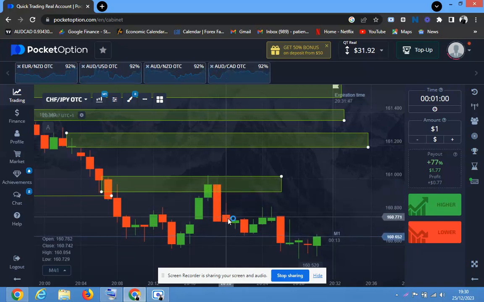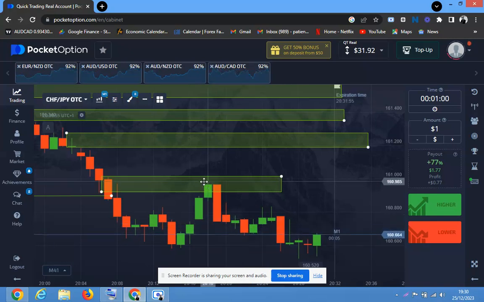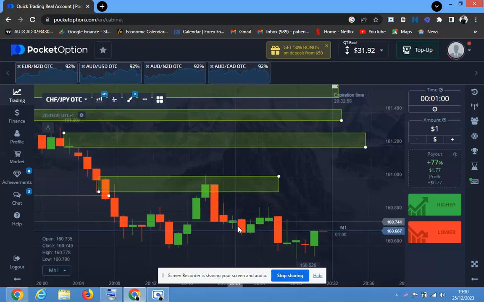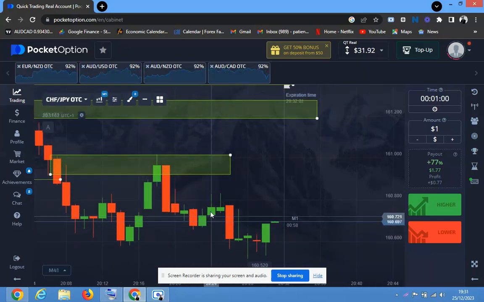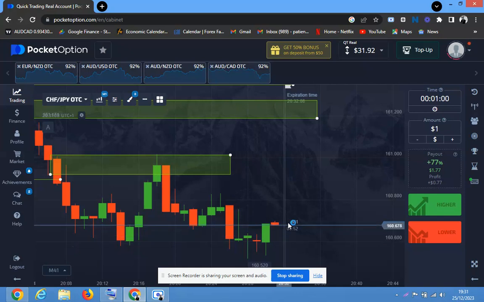So this is the first candle, second candle, third candle, fourth candle, fifth candle. You have already won the trade. Or if you are using the 10 minute expiry time, it's still the same. The first candle, second, third, fourth, fifth, sixth, seventh, eighth, ninth, 10. You still won the trade.